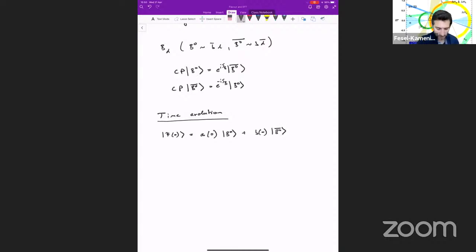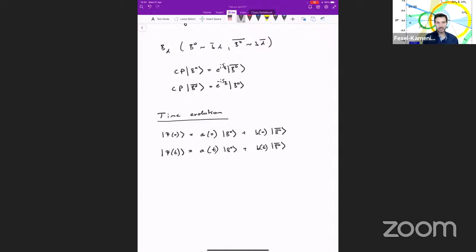The coefficients, the proportionality factors of these two states, will be denoted by A and B, and the 0 in the parentheses denotes that this is at time 0. Now, at any given time t, this state will evolve, and the evolution is given by the evolution of the coefficients. So we have A of t times the B naught plus B of t times B naught bar.